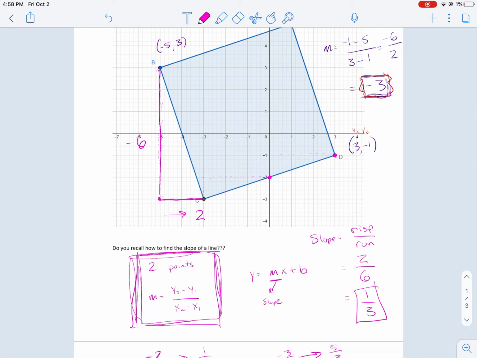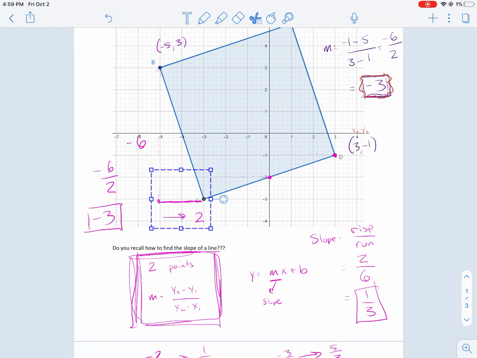Okay, so down, remember, rise over run. In this case, we have a negative slope, which means we're going down instead. So our slope is -6 over 2, which is, again, -3. Which we would expect because, again, we're hoping this is a true square. So we would expect that if this is a square, this side right here should have the same slope as the other side. Okay, which we do.